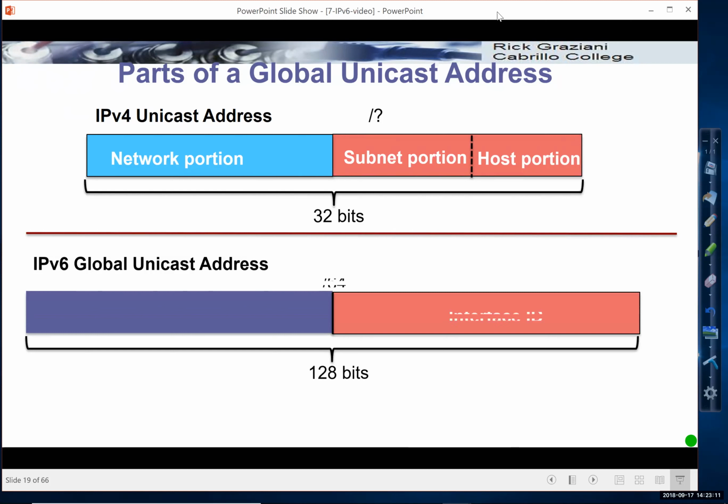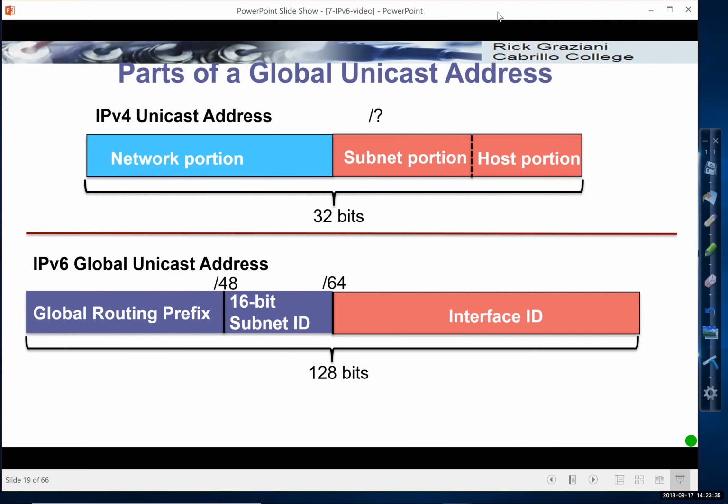In IPv6, we have an interface ID, equivalent to the host portion in IPv4. We have a global routing prefix, which is part of the network portion. This is how our internet service provider sees us. But part of our network portion is also a subnet ID.